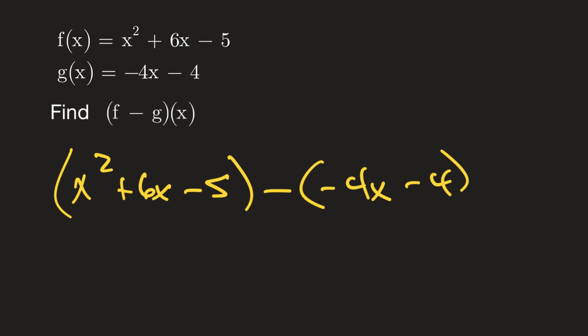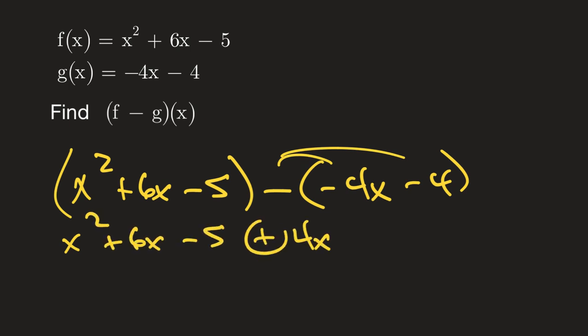Be careful with subtraction. We are subtracting off the g function. Please remember, a minus sign in front of parentheses is going to change the signs of everything inside this second set. Okay? So what I'm going to do here, I'm going to rewrite this, and I'm going to circle my sign changes.